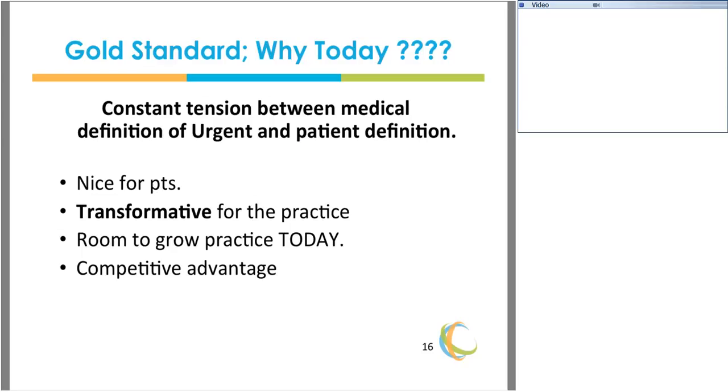But back to why today? Why this gold standard of today? Well, we have historically approached our work dividing patients into 3 buckets: urgent, routine, and emergent. Of course, the emergent patients we send to an emergency room, a venue that's equipped to take care of emergencies. So then we're left with both the urgent and the routine care.